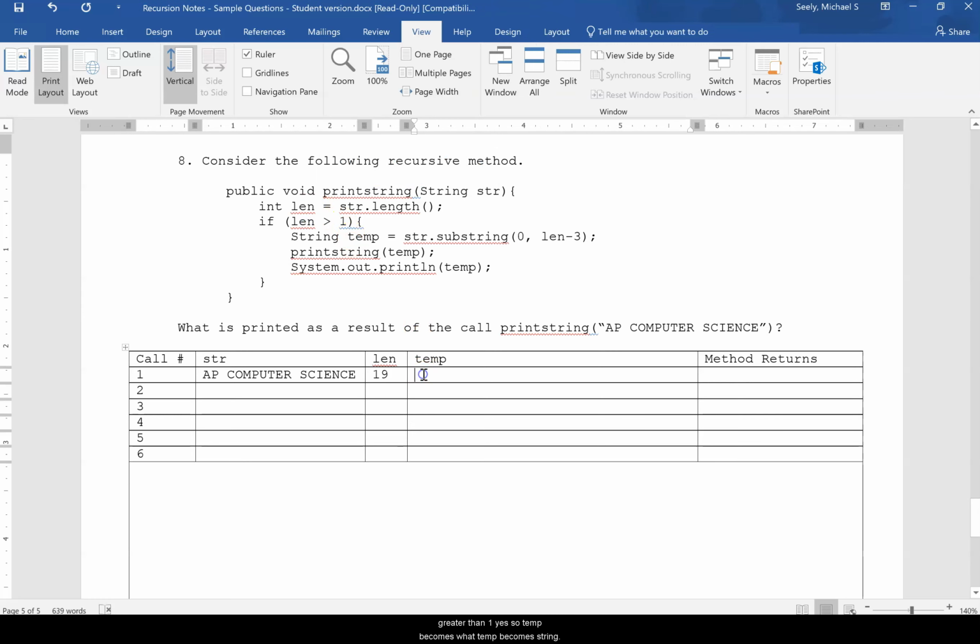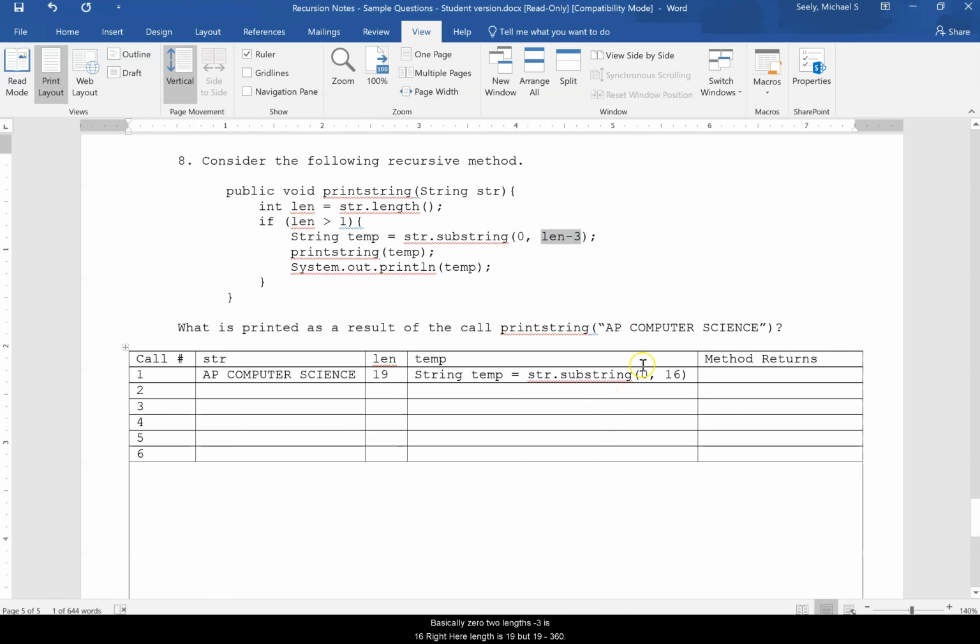So temp becomes what? Temp becomes string temp equals str dot substring, basically 0 to length minus 3, which is 16. Okay, so I'm just going to put this right here. Length is 19, but 19 minus 3 is 16.